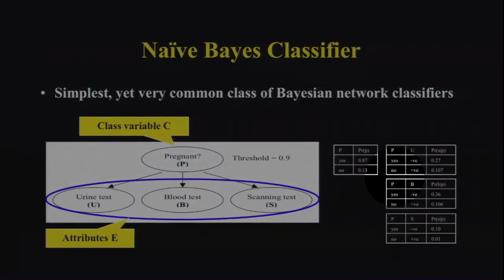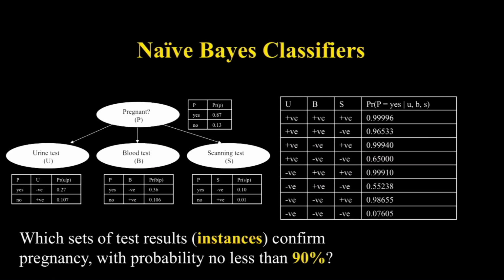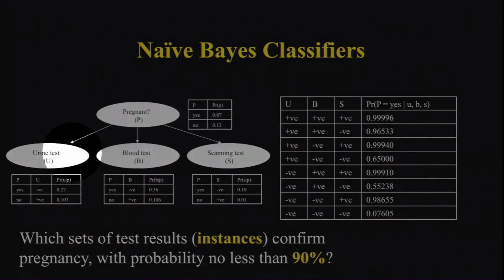So again, we've seen all of that before. The way you would use naive Bayes classifier is as you would expect. You would have an instantiation over these features, like you see in this table here. We have three of them, and each one of them is binary, so we have 8 possible instantiations.